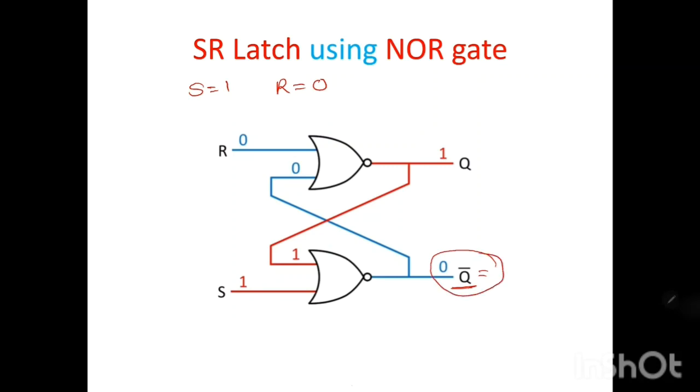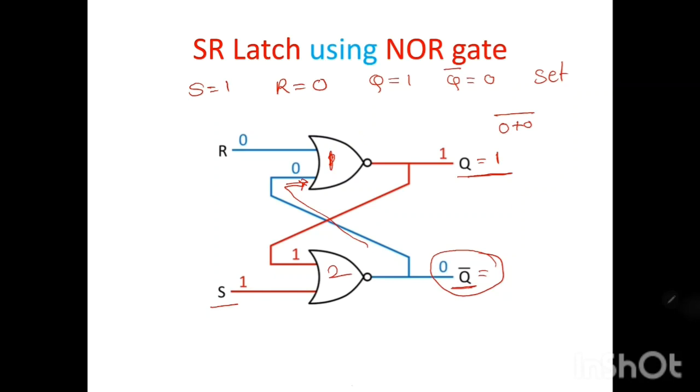And this 0 is applied to the second gate, so both inputs are 0, complement of this, you are getting 1, therefore Q becomes 1. And when Q becomes 1 and Q bar becomes 0, when S is equal to 1, this is your set state.